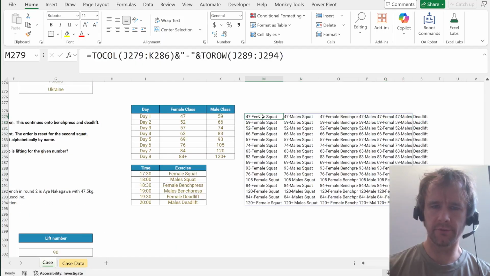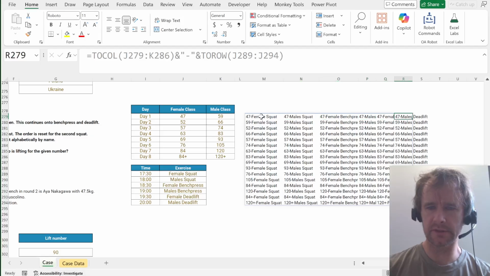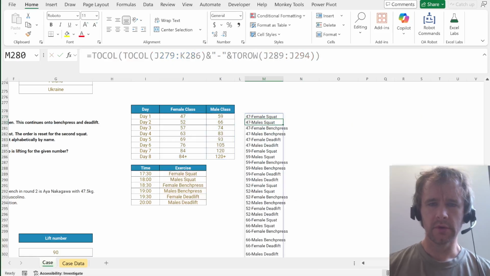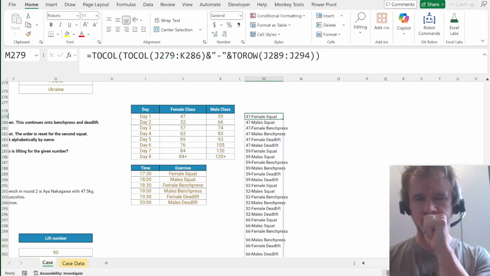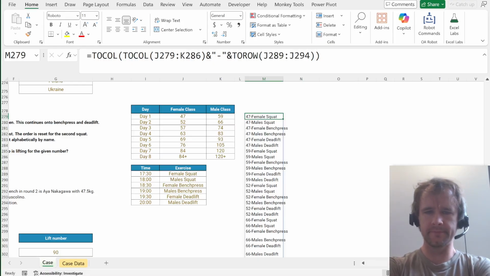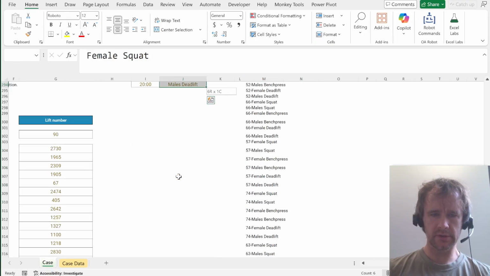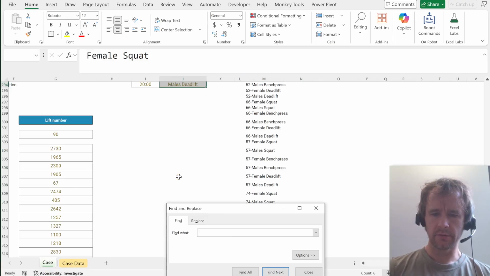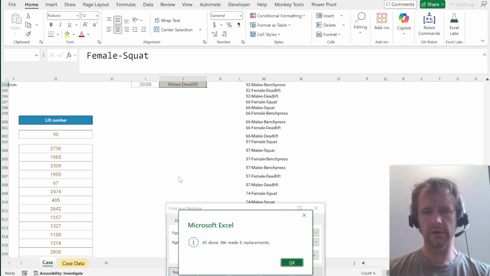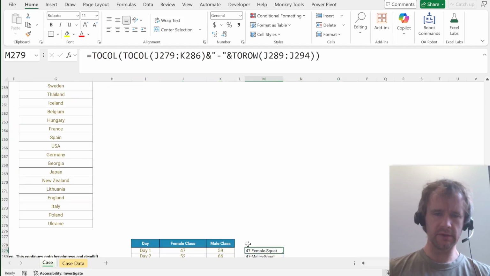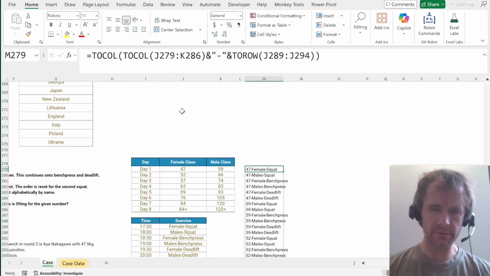So we're going to do 47 female squat, 47 male squat, etc. So then we'll call all that again. And let's actually replace space with a dash in there. And then we can split this out, I guess. No, I suppose we don't need to split it out.